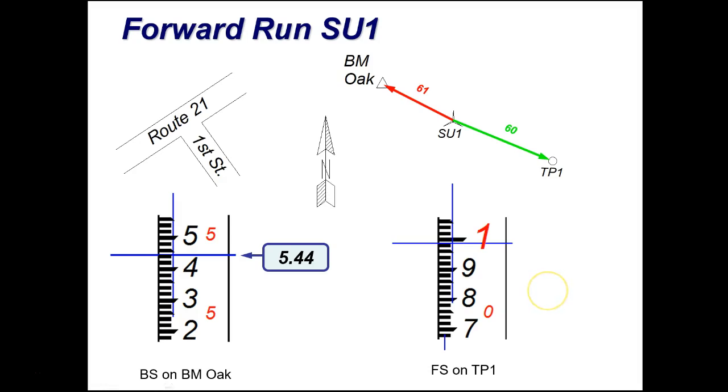Our reading on TP1, our foresight on that, is 0.98. We're not at a whole foot because that would be up here, right? So we're at 0.9. There's 1, 2, 3, 4, 5, 6, 7, 8. So 0.98 is our front sight on turning point 1.